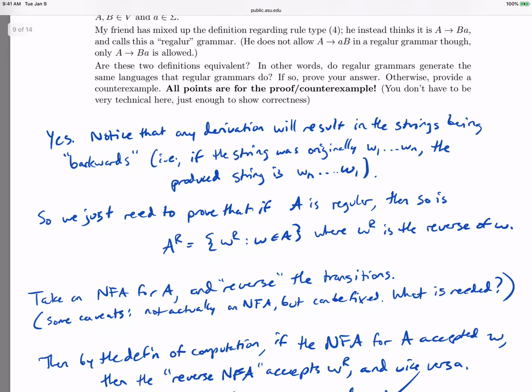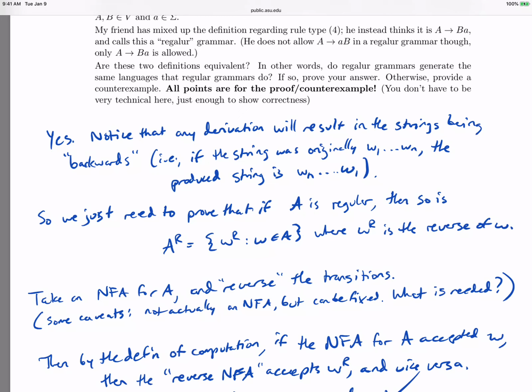For this BA rule, you're just flipping the one rule around backwards. So what happens is, if you're generating terminals on one side with the regular grammar, now you're generating them backwards. Instead of generating them one way, you're now generating them the other way. So it's not the exact same language, but it's the same set of languages.